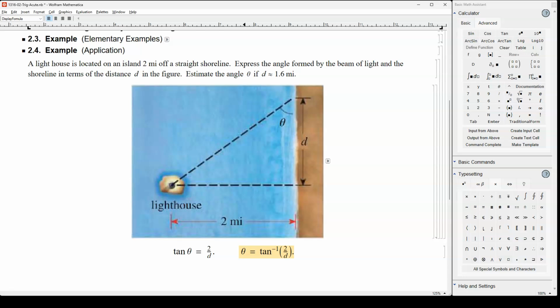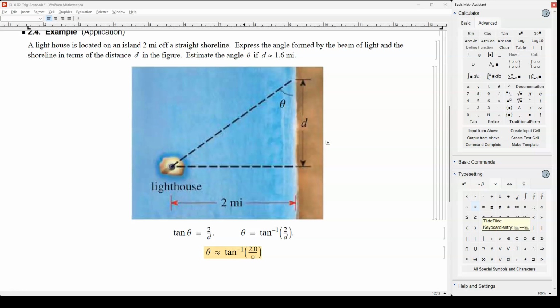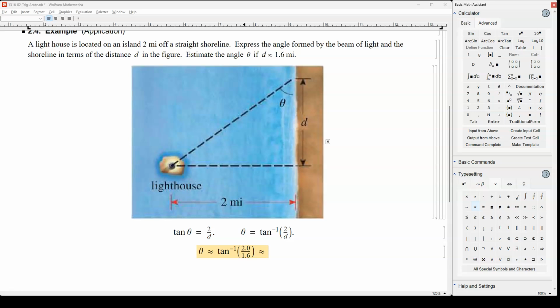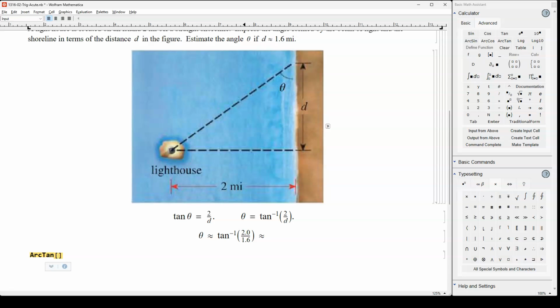Okay, alright. And then answer the question. Estimate the angle if d is 1.6 miles. Alright, special case. Theta is inverse tangent of 2 over 1.6. What is this? Well, you can use your calculator to figure it out. I have my calculator here, so I'll calculate with Wolfram Mathematica.